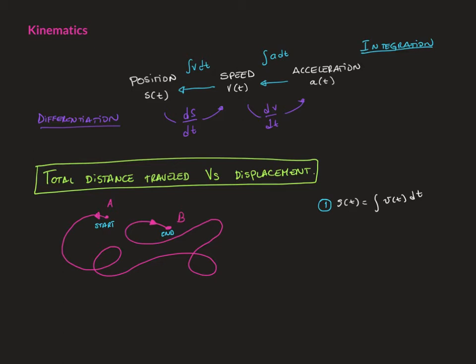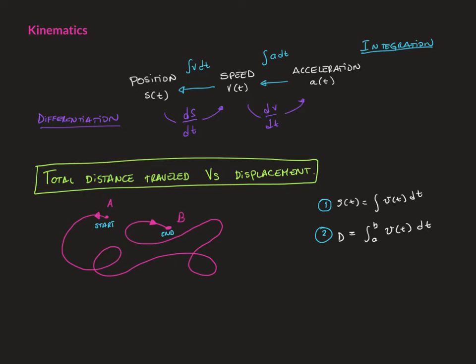The displacement is the distance following a straight line from the starting point of the movement until the end point of the movement. The displacement d is calculated as the integral from A to B of the velocity with respect to time.